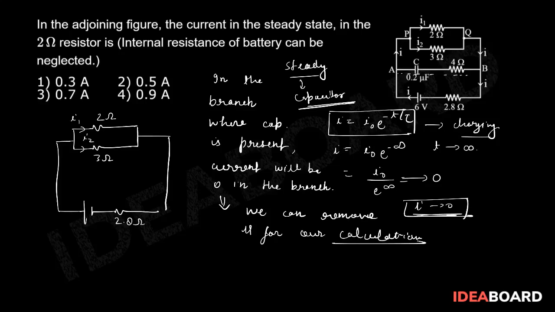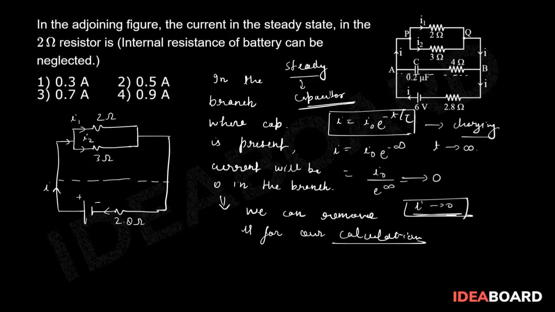So we actually removed this branch, right? This was the logic of this question. Now the question is pretty simple: there is a current going through this circuit, and it is finally coming back to this point.